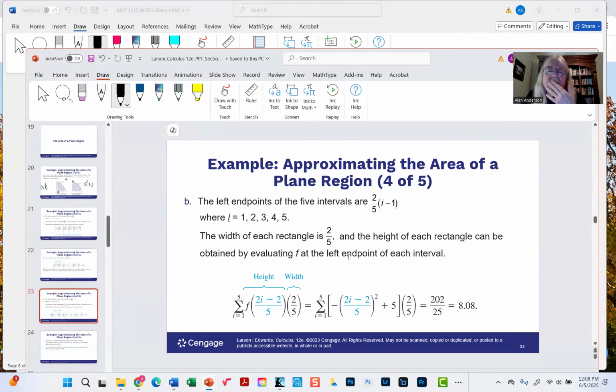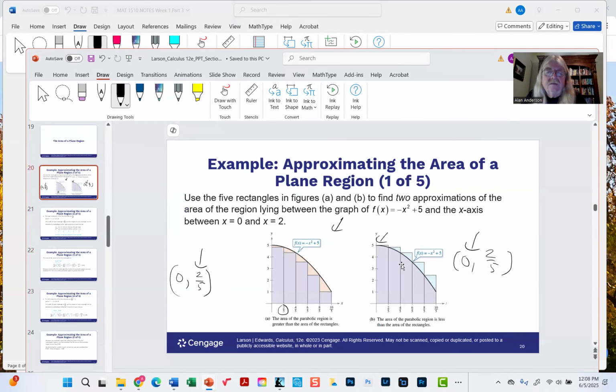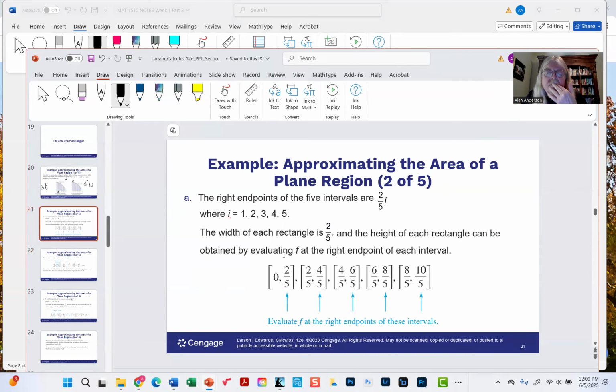And what they're showing you here is that this is the one that understates the truth. This is the curve on the left. The width is 2/5 in each case, but the height... If you think of these as i equals 0, oh, I'm sorry, they're using 1, 2, 3, 4, and 5.